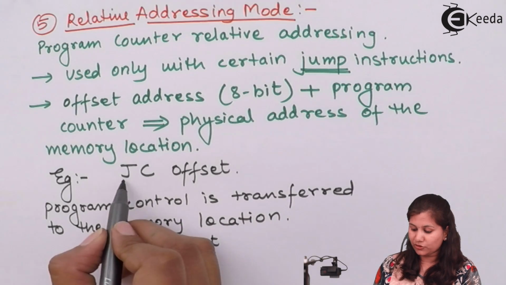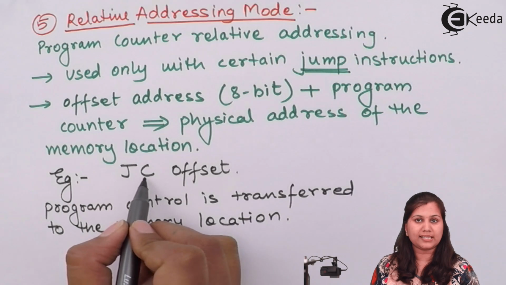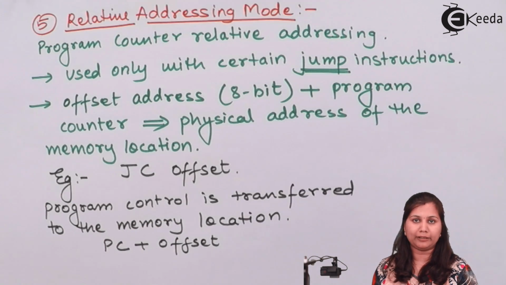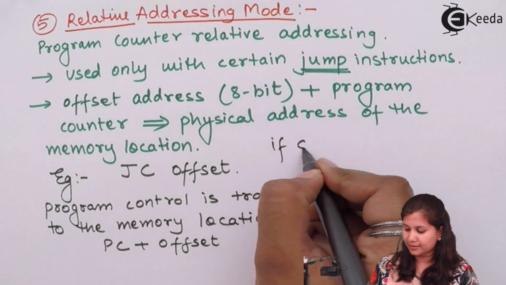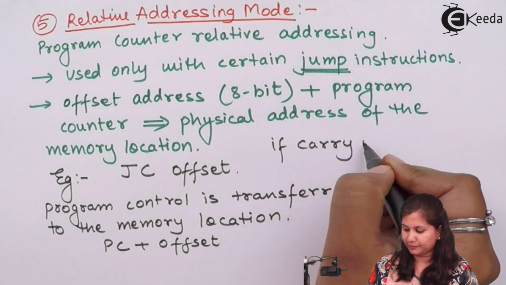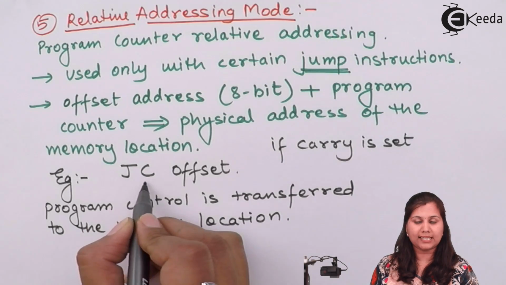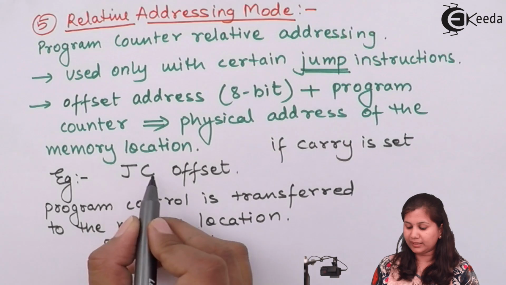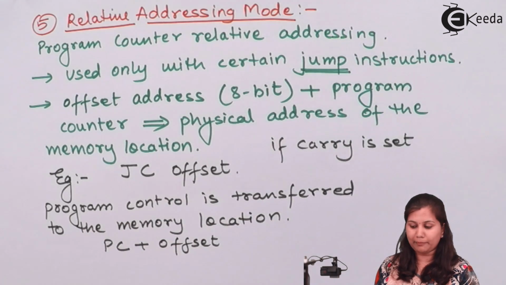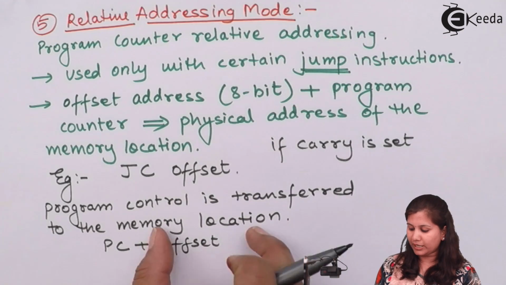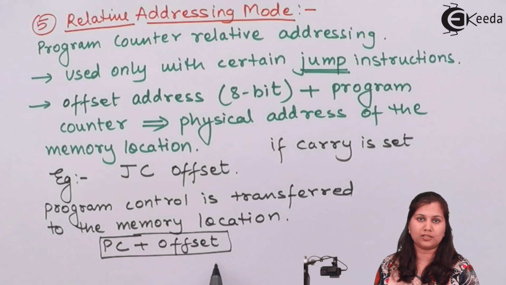Also, because this jump instruction is a conditional jump, meaning a condition is specified, only then will the microcontroller jump. The condition is that if carry is set, because here it is written JC, C is for the carry. So when the carry flag is set, only then is it going to jump to the memory location whose address is given by the contents of the program counter plus the offset value.